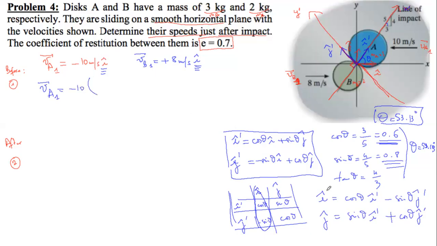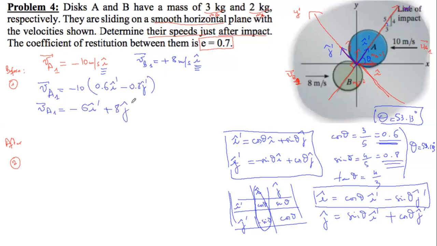Now I will replace i by this value here: cosine theta, which is 0.6, i prime, minus sine theta, which is 0.8, j prime hat. In other words, VA1 is minus 6 i prime hat plus 8 j prime hat.